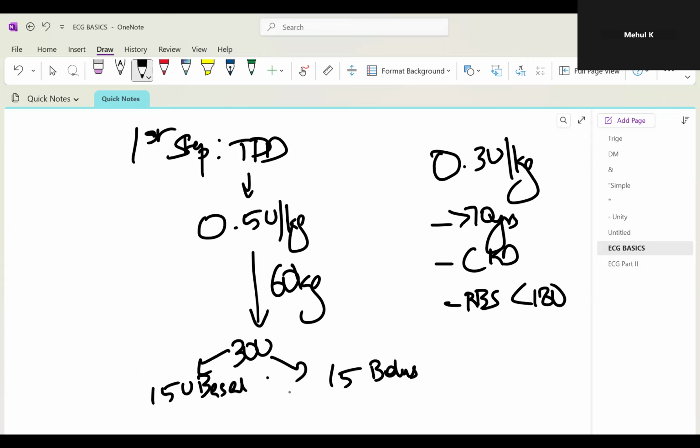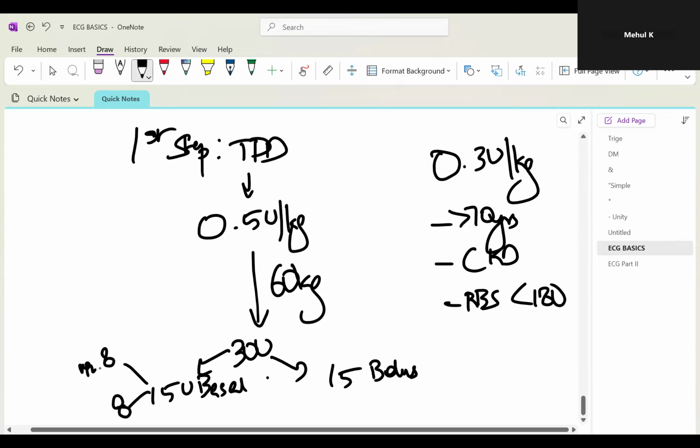Now the basal can either be given all at once, HS as glargine, or it can be split into two as NPH. Both of these methods are used, although it is generally recommended to use glargine only. For bolus, it will be divided into three.